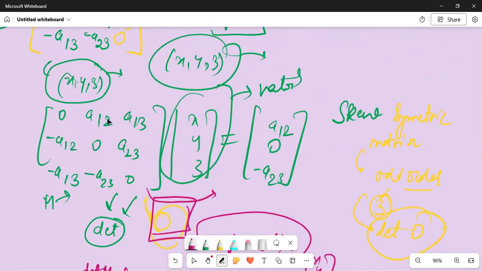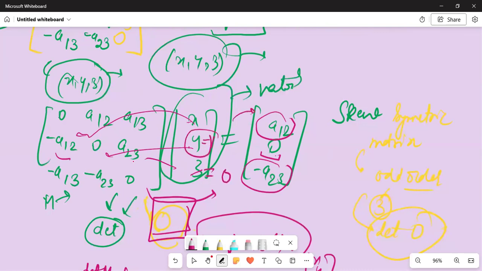But if you see carefully, you want the first entry to be 0, and at the same time you multiply x with 0, A12 with y, and A13 with z, and you want A12. So if you keep z to be 0 and y to be 1, you will get A12.